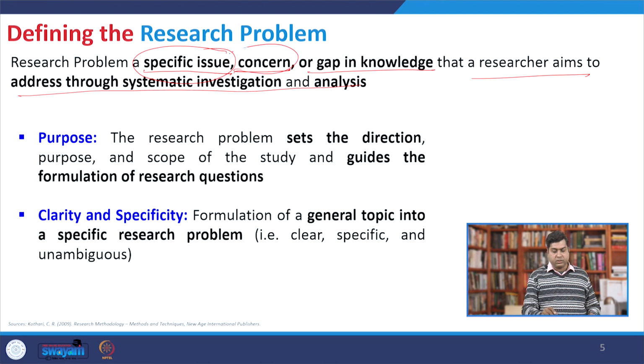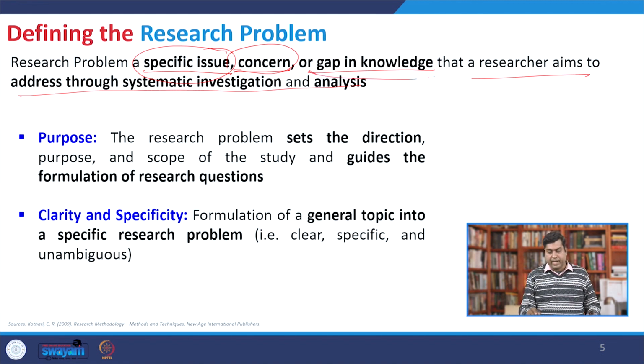There might be a concern. For example, in a city nowadays there are so many vehicles on the road and there is a typical issue of parking management. You cannot have that much area to facilitate so many parkings. So that is a problem, a concern, how to manage it.